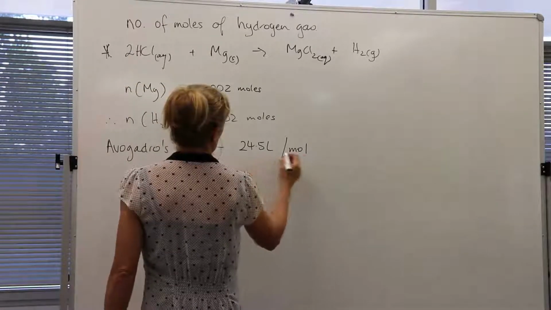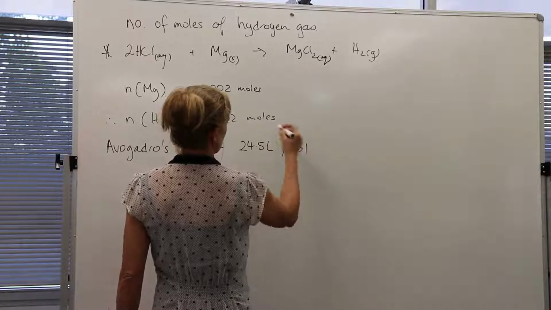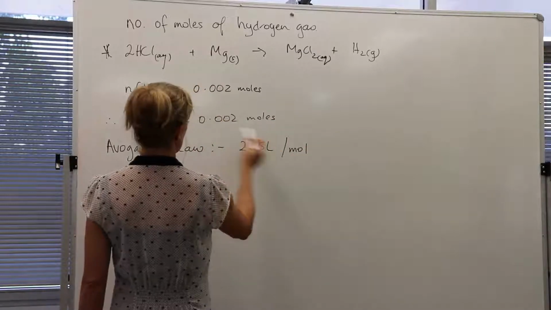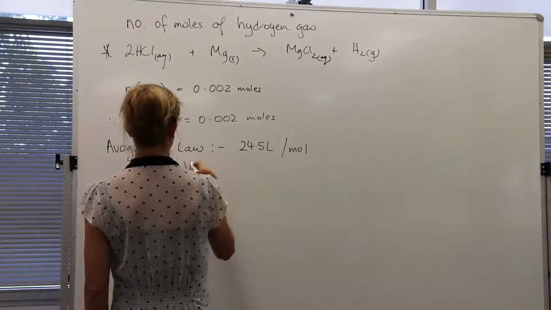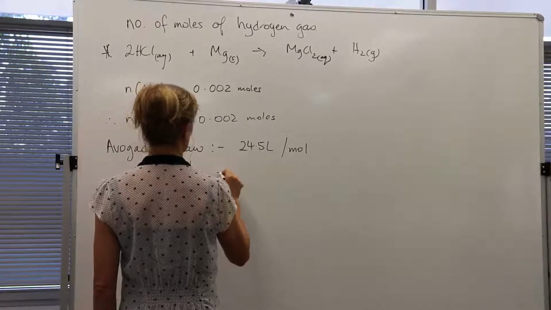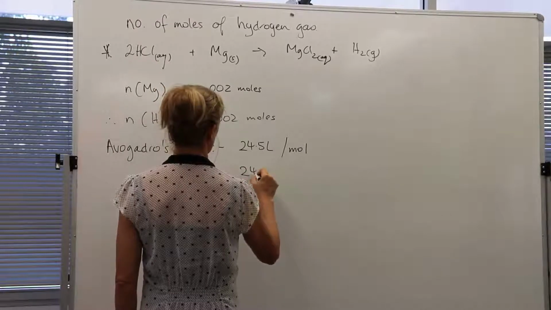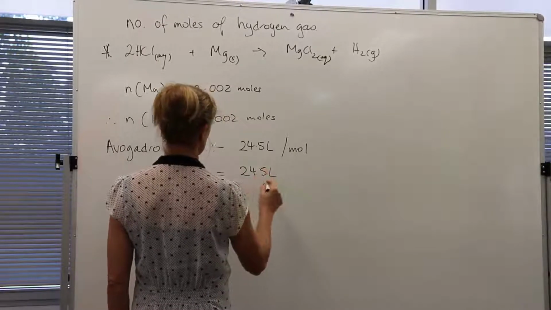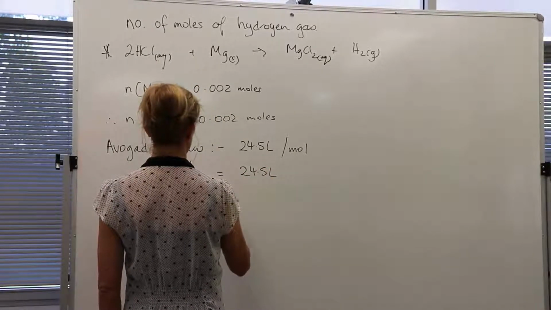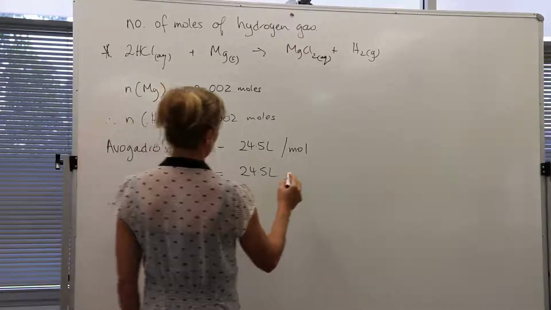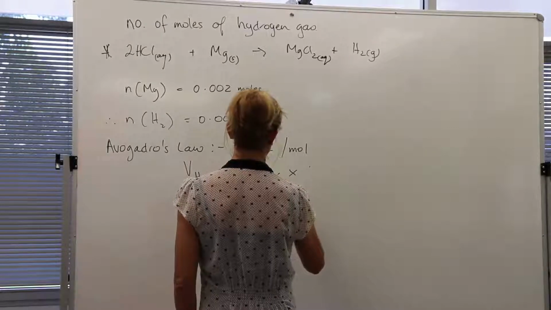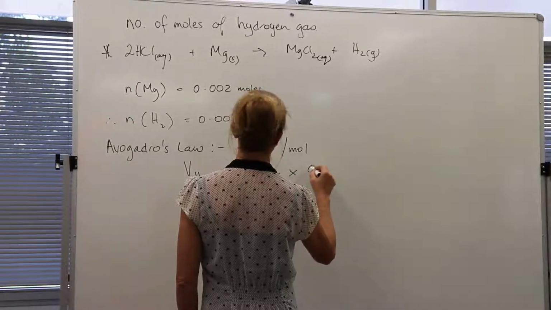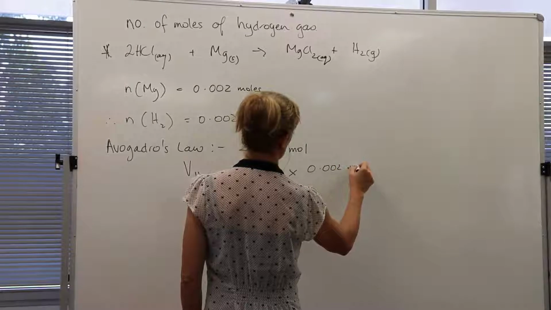So, you can use your units to determine what to do. You want your answer in litres because we're trying to work out the volume of your H2. So it's going to be 24.5 litres because that's at SLC, standard laboratory conditions, times by the number of moles, because this is litres per mole and this is number of moles, 0.002 moles.